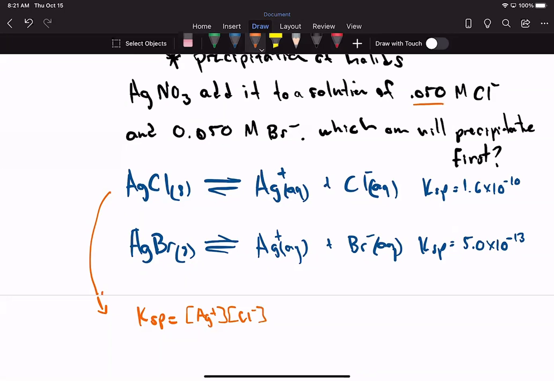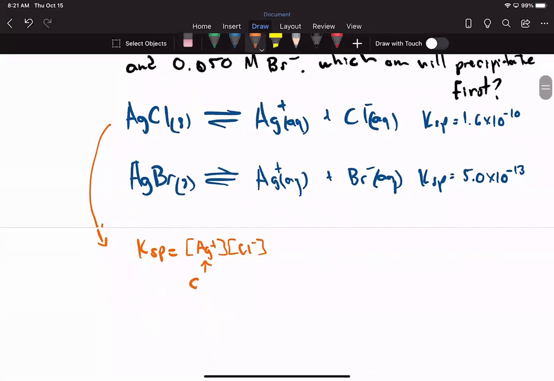And we do have that concentration. So we can figure out the concentration of silver here by simply plugging those values in.